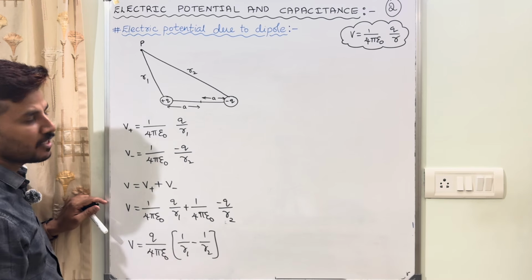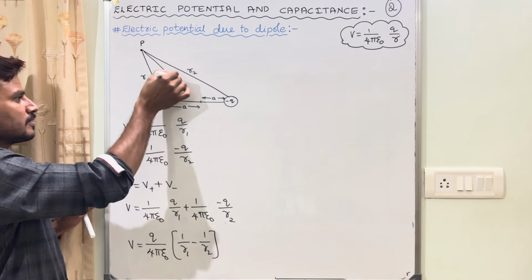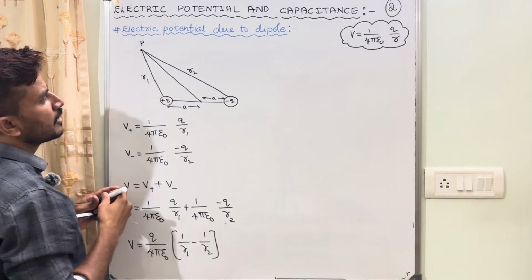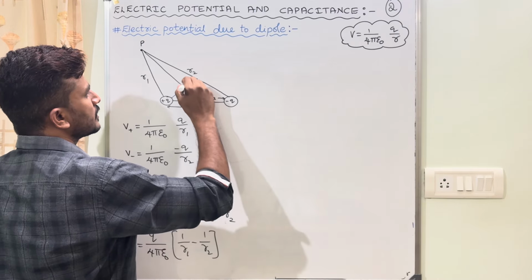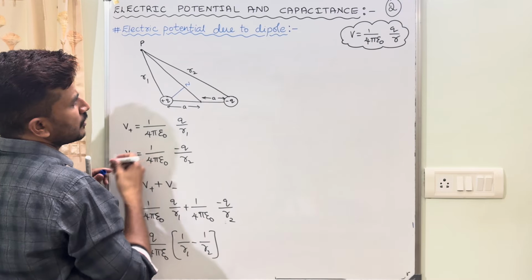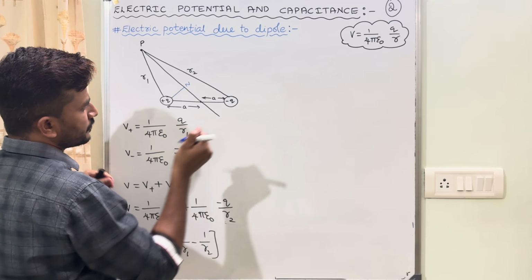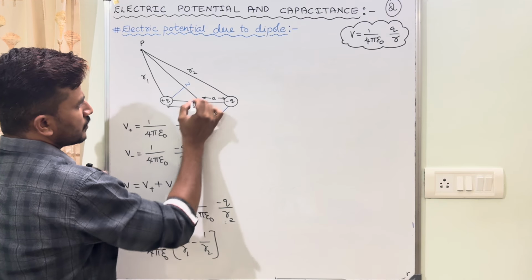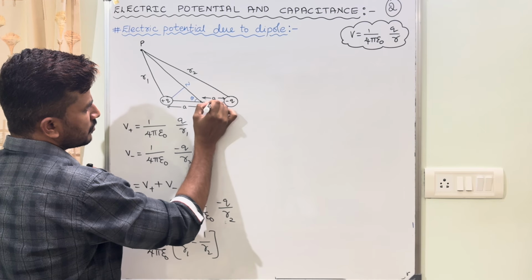So we can again simplify this by considering a line here. I draw a line here that is considered as N. If you extend this to this side also, you can draw a perpendicular here. So let us consider this is theta, this is also theta.